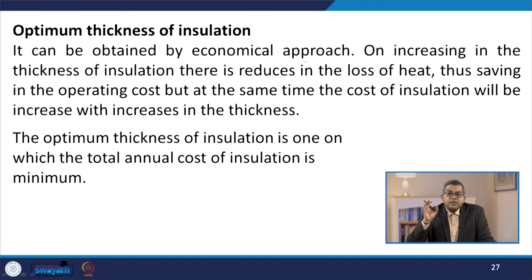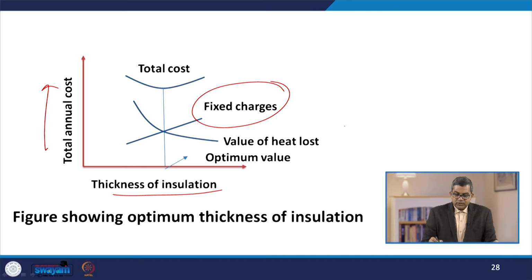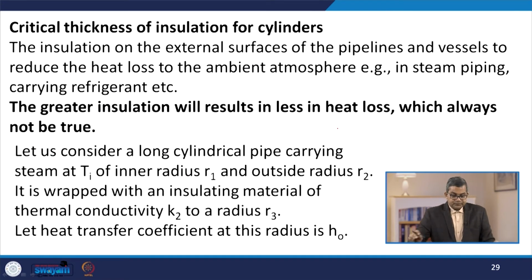The optimum thickness of insulation is one on which the total annual cost of insulation is minimum. Now here you see the optimum insulation thickness. Now here the total annual cost and the thickness of insulation. So you need to find out the optimum value based on the fixed charge and the value of heat loss, and this is again a well known phenomenon.